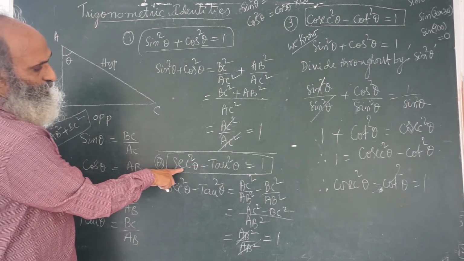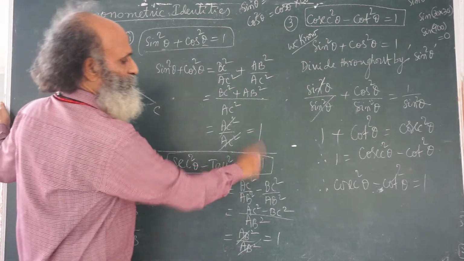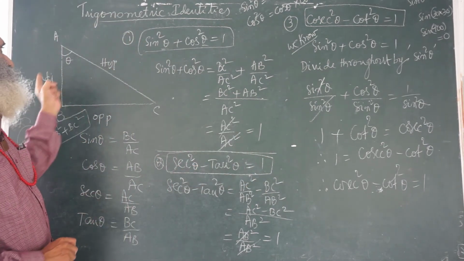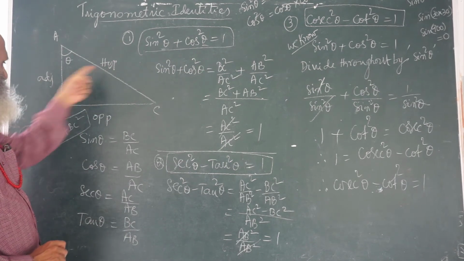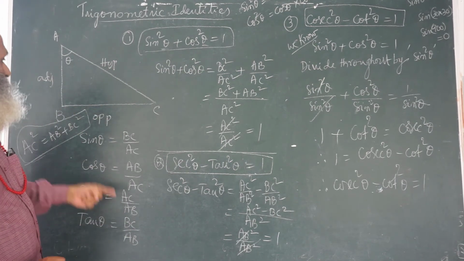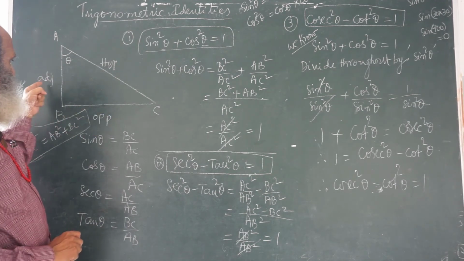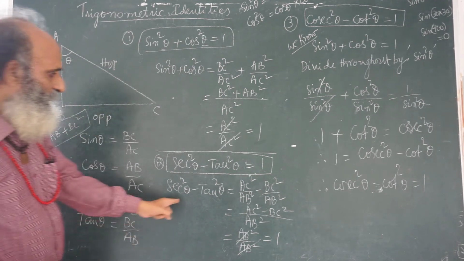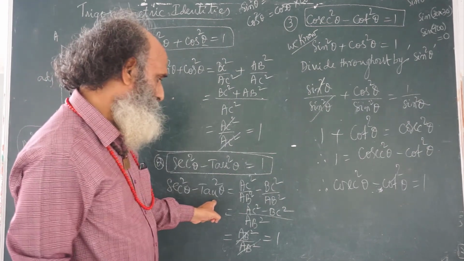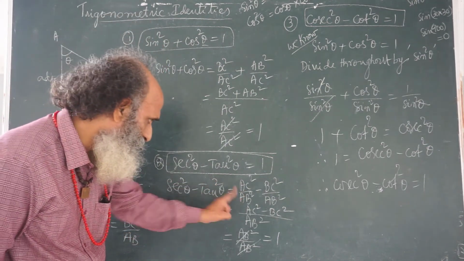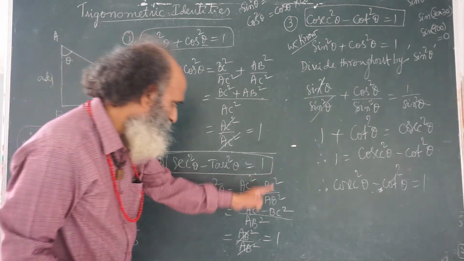Second identity, secant square theta minus tan square theta is equal to 1. What is secant theta? Hypotenuse by adjacent side, AC by AB. Tan theta is opposite side by adjacent side, BC by AB. So secant square theta minus tan square theta is AC by AB whole square minus BC by AB whole square. That is AC square by AB square minus BC square by AB square.